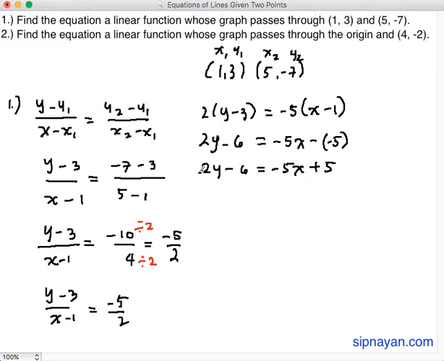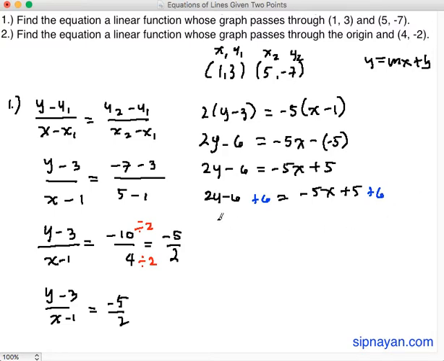Gusto natin yung y lang matitira dito, para yung form ng ating equation is y equals mx plus b. Gusto natin maging ganito yung equation natin. So, tanggalin natin yung minus 6, magpa-plus 6 tayo on both sides. Magiging 2y minus 6 plus 6 equals negative 5x plus 5 plus 6.